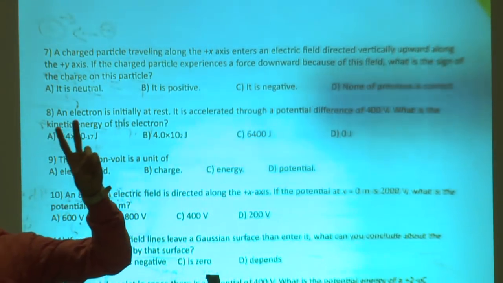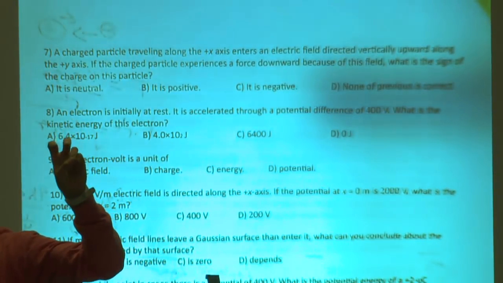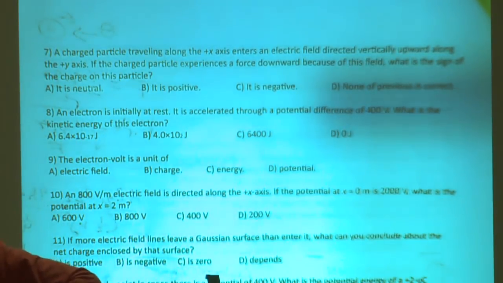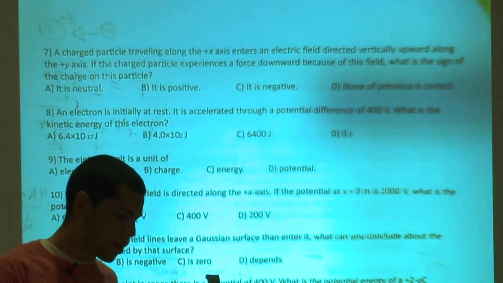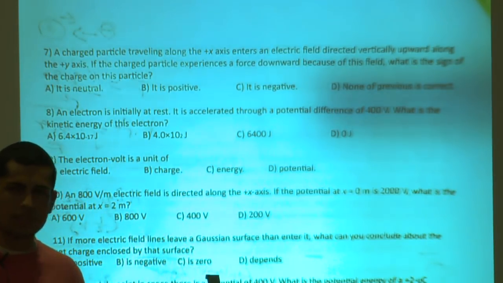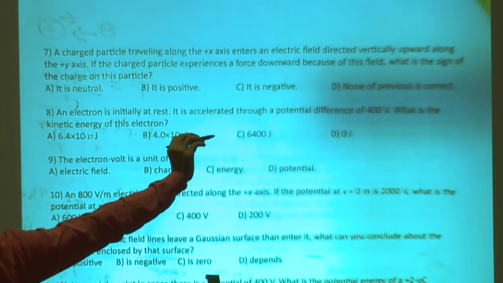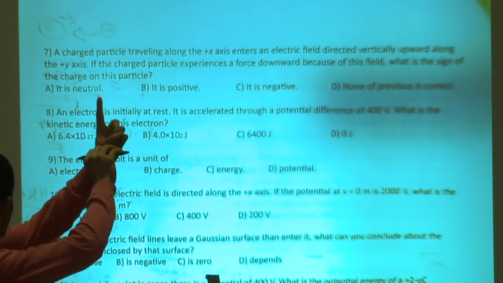So we got 2 for positive, 1 for negative, and there's 30 of us in here? So I'm going to read this again. Let's see if I can get some more votes. Okay, think about it. We have a charged particle traveling along the positive x-axis. It enters an electric field directed vertically upward.